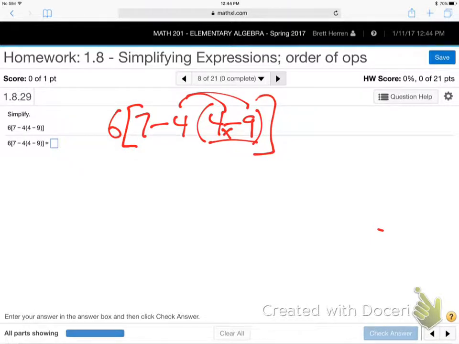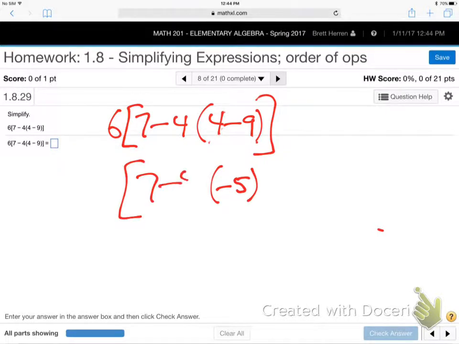And sometimes if they're all just numbers, then I don't need to do any fancy distribution stuff. I can just subtract. So I'm not going to distribute, even though that's okay and the answer would be the same. I'm just going to go, look, 4 minus 9 is just -5. Good so far? Right? 4 minus 9 is -5.